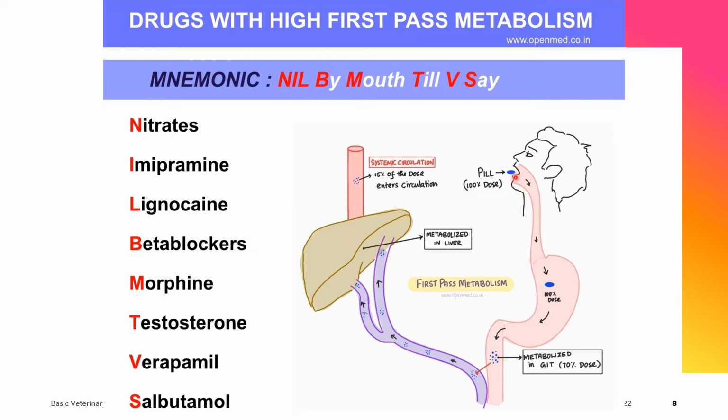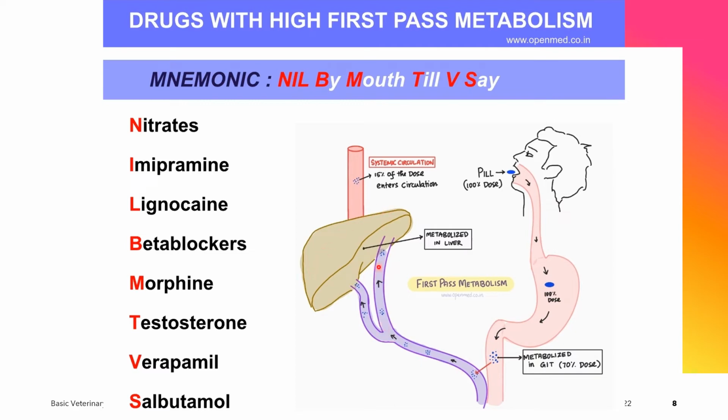The drug will be reaching the GIT, the stomach, and the small intestine. So it will undergo absorption in the small intestine, but before it will be absorbed, it will still be metabolized in the GIT, particularly in the intestine, by certain enzymes that are present in the intestine before it will reach the portal circulation.